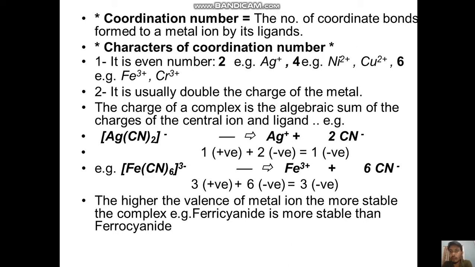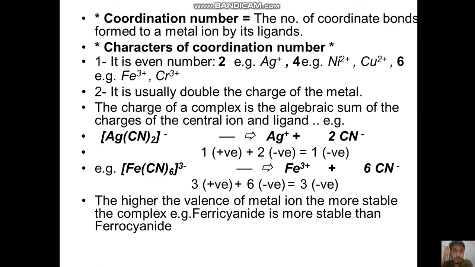What is coordination number? The coordination number is the number of coordinate bonds formed to a metal ion by its ligands. And the characteristics of coordination number: it is usually an even number, that is 2, 4, 6.